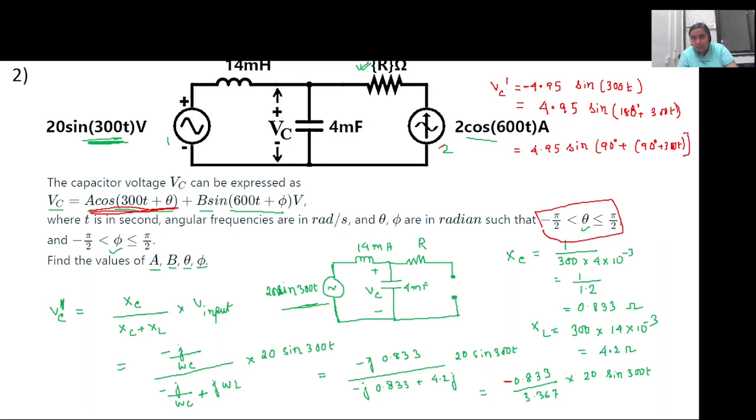Now sine is always positive in the second quadrant. So sine of 90 degree plus theta is equal to cos theta, because in the first and the second quadrant, sine is positive, right? If we consider the entire thing as theta, we can still write it as 4.95 cos of 90 degree plus 300t. Can we write this?